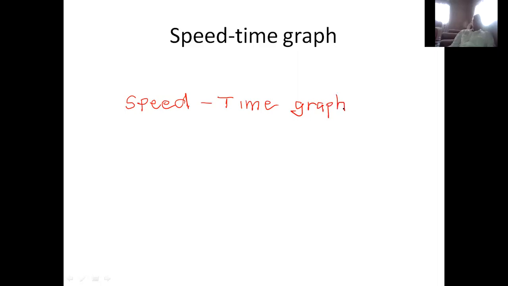So merely, the first thing is that you write the heading of the type of graph. In our case here, we are looking at a speed time graph. We said the y-axis is speed.